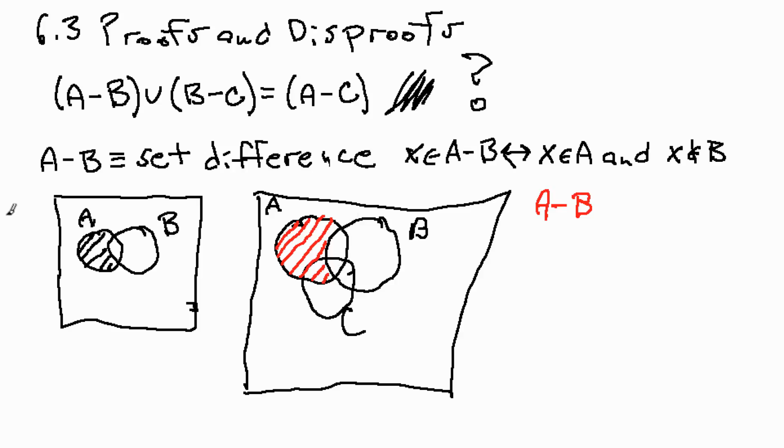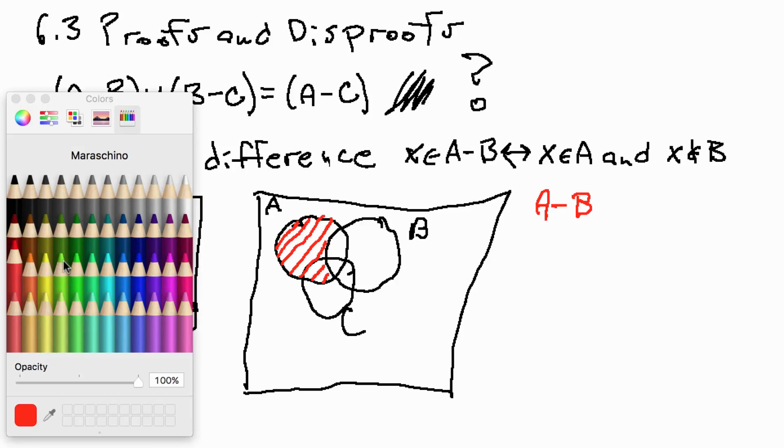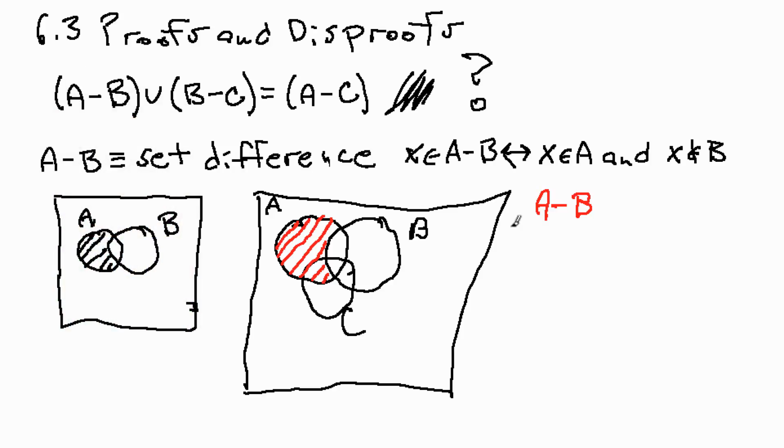And now, why don't we come over here and pick a different color. Okay, so now I'm going to do B minus C in this greenish color. So B minus C actually corresponds to this.